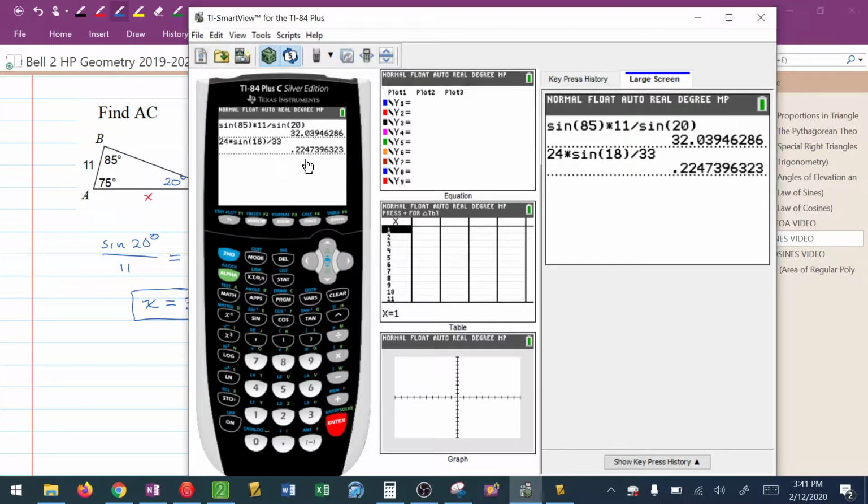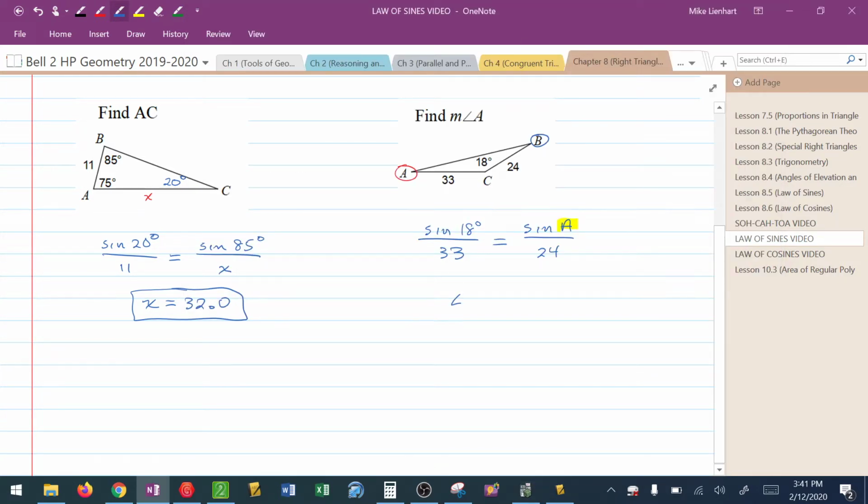So to find the angle, we're going to do the inverse sine, second sine, and I want the calculator to input that long decimal in for me. I can hit second and the negative sign, which puts the answer of the previous problem in it. I close that off, hit enter, and it rounds to 13 degrees. So angle A here is 13 degrees.